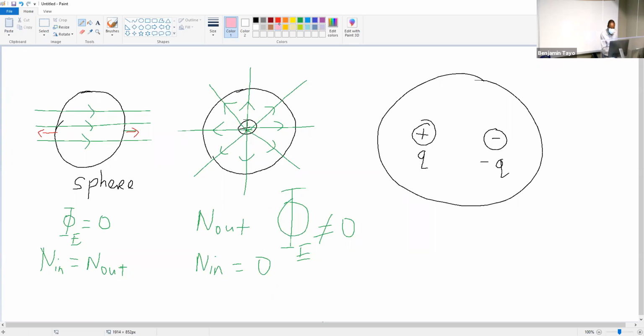So do you see that for any field line that comes out here, there is one field line that goes in like that? And for any field line that comes out here, there is one field line that goes in. So what's the total flux here? Zero.